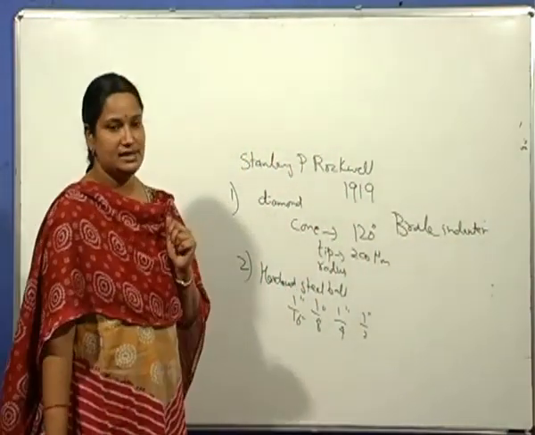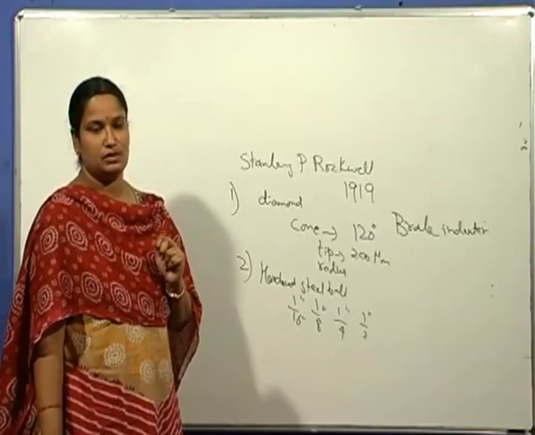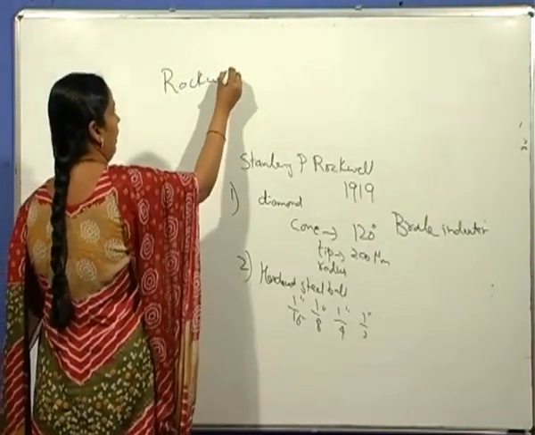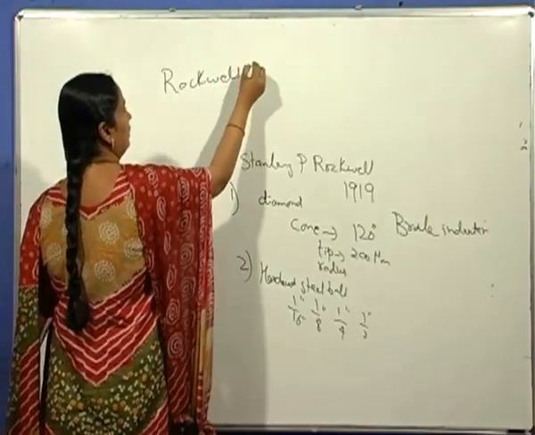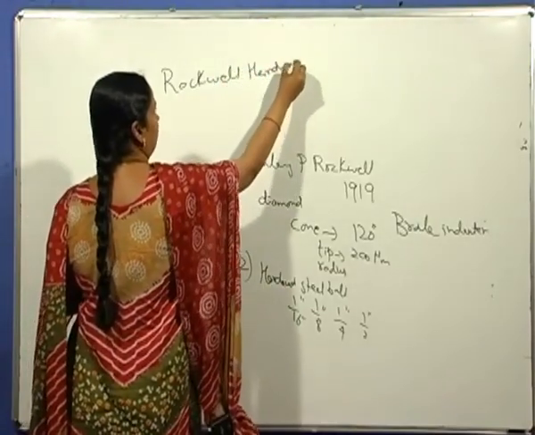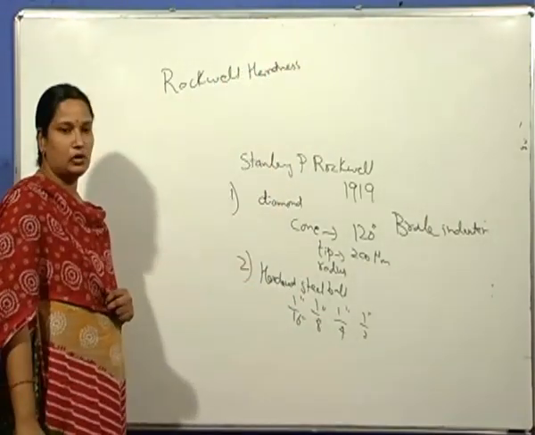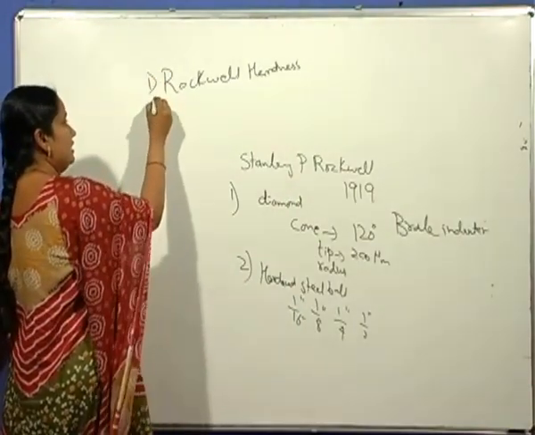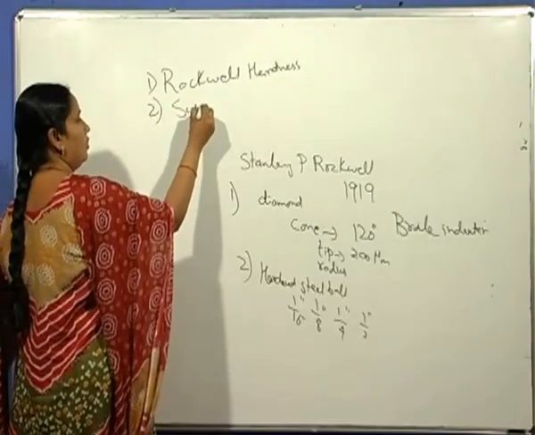So Rockwell hardness test is of two types. One is Rockwell hardness, that is, it comes under the macro indentation hardness test, and the second type of hardness test is superficial Rockwell.